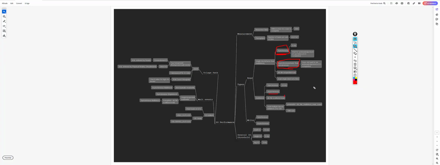Likewise for multi-block read as well. For synchronous IOs, for single block read, the expected average IO wait is 5 milliseconds, and for multi-block it is 10 milliseconds. You can understand this by seeing the name itself, right?